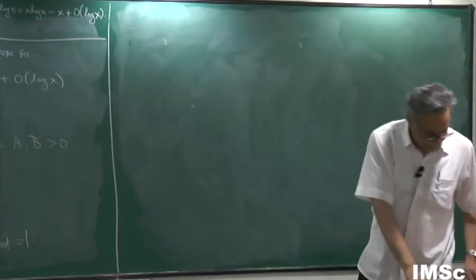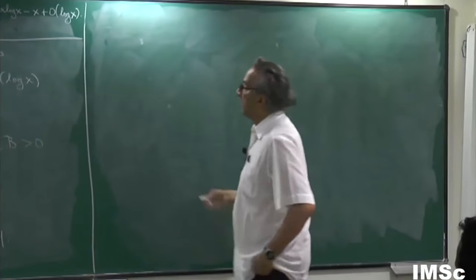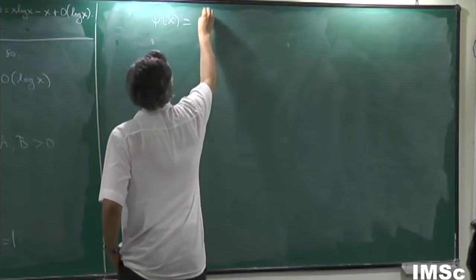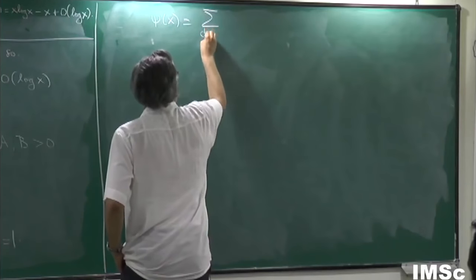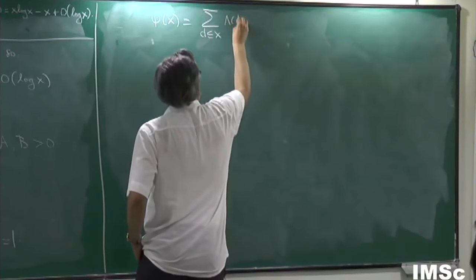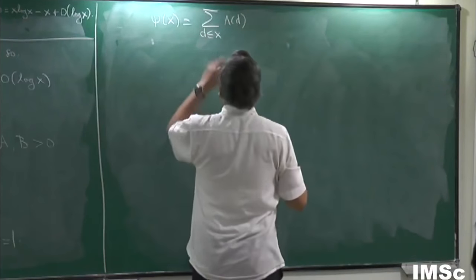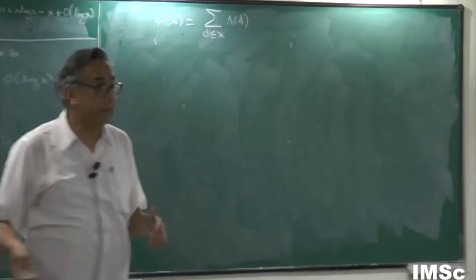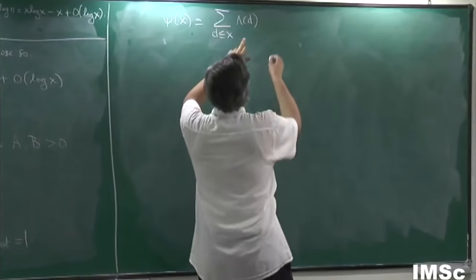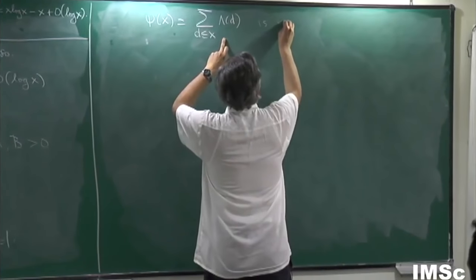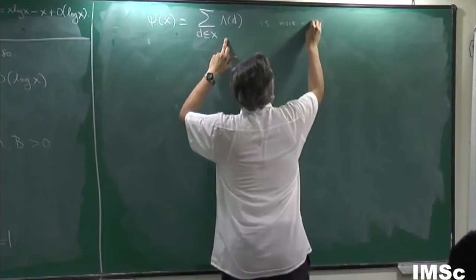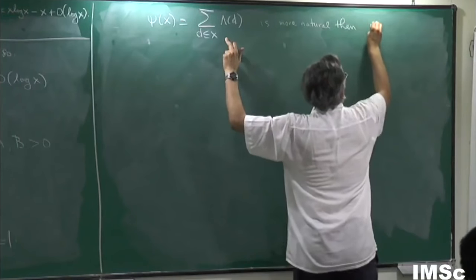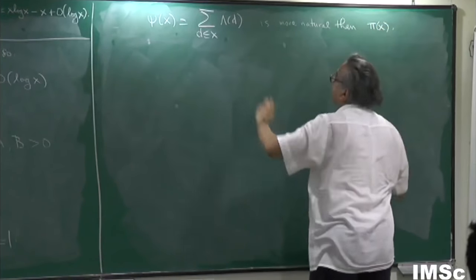So Chebyshev, in the early days of this whole question, recognized that psi of x, which is the sum over d less than x of lambda d, is an important function to study instead of the prime counting function. It is more natural than pi of x, which is the prime counting function.